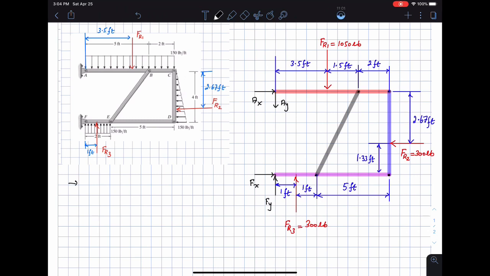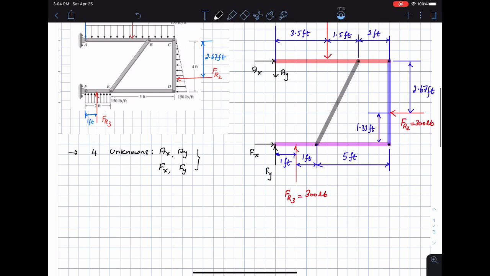So there are 4 unknowns from the free body diagram of the entire frame. That's ax, ay, fx and fy, right?